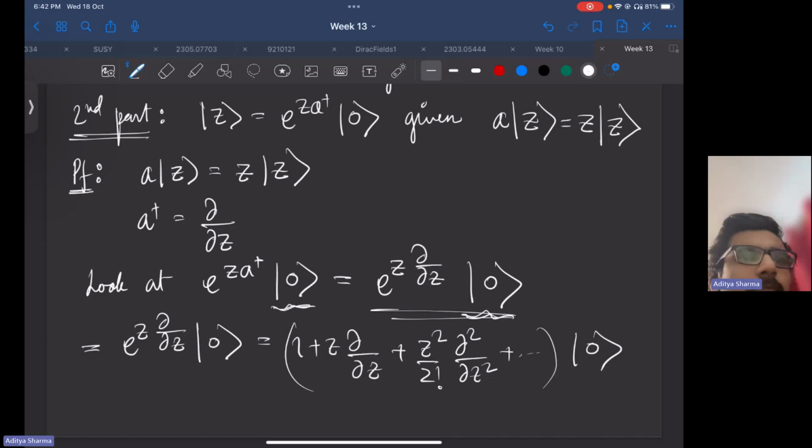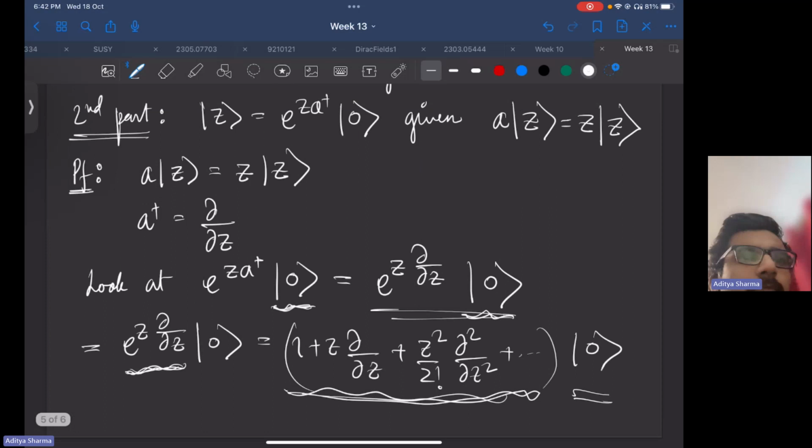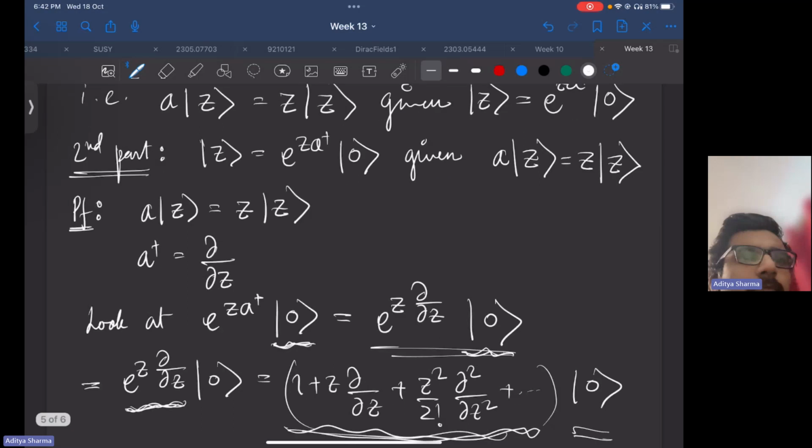Can be written as psi of z, and then psi of 0, and this becomes just the Taylor series expansion of psi of 0, and you are going to get psi of z, and you take out the position bra which you had added on that psi, and you are just going to write it as z. So yeah, the proof. The main thing stems from it that since this is a coherent state, you can write A dagger like this.